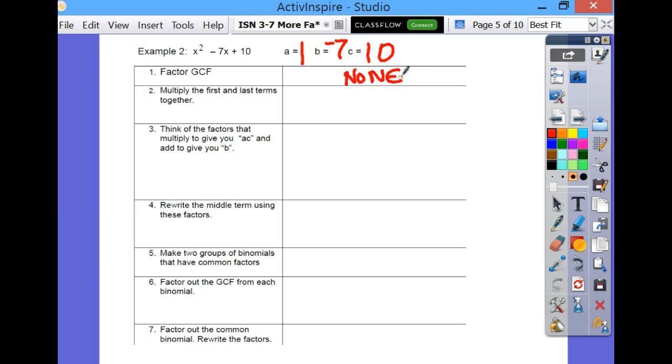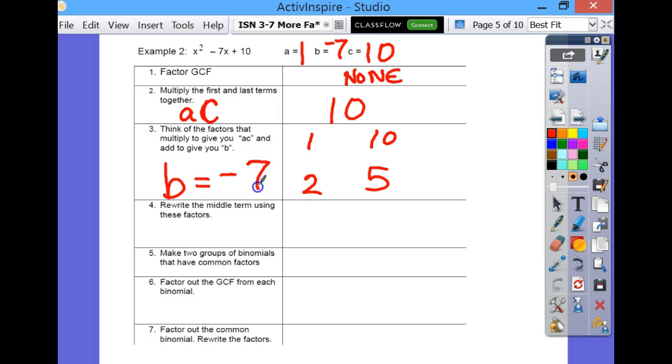I still have to multiply the A times the C, and in that problem that's going to be 10. I still have to write down the factors of 10 that add up to equal the B. Only this B is negative 7, and I don't have any negative numbers.